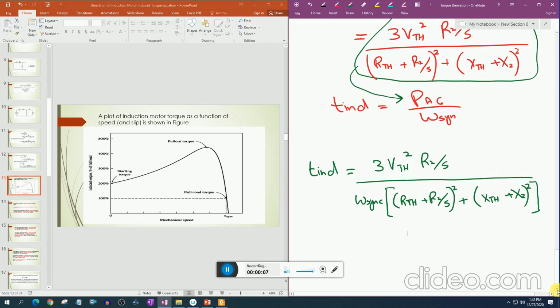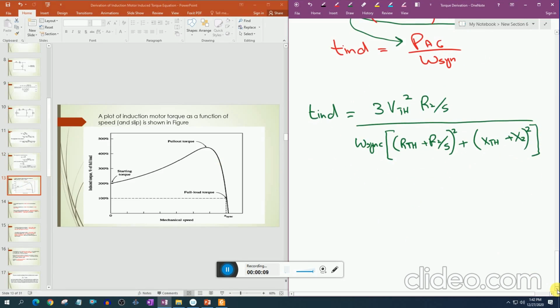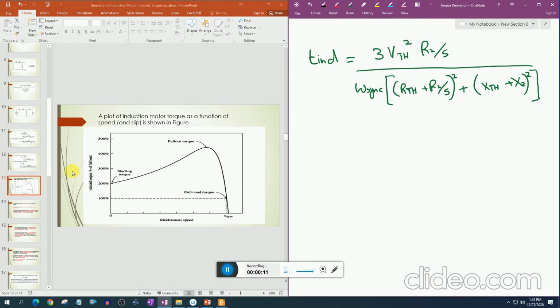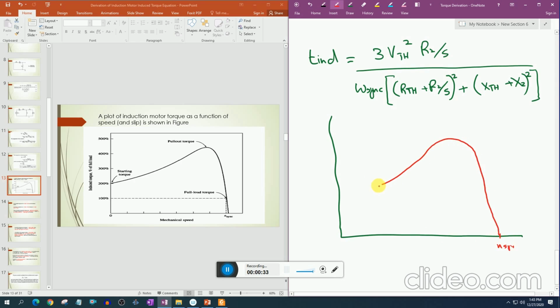And when this equation of torque induced is plotted, the plot looks like this, as we already studied in the previous lecture. This is the N synchronous. So that's how the torque plot looks.